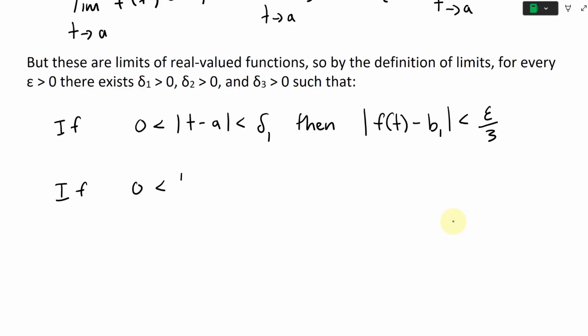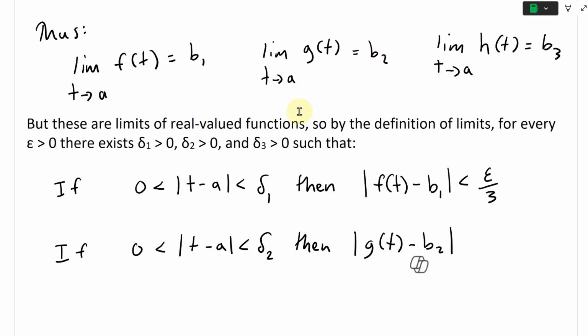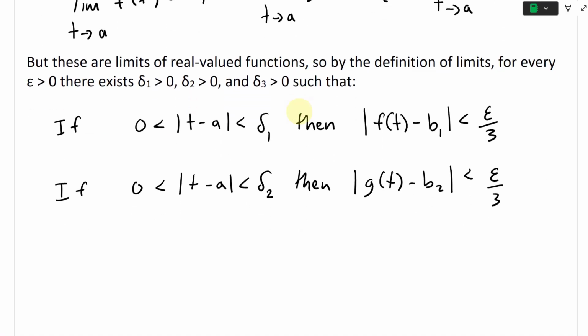Anyway, the second one is, again, if t minus a is less than delta 2, then g of t minus b2 is less than epsilon divided by 3, for every number epsilon.